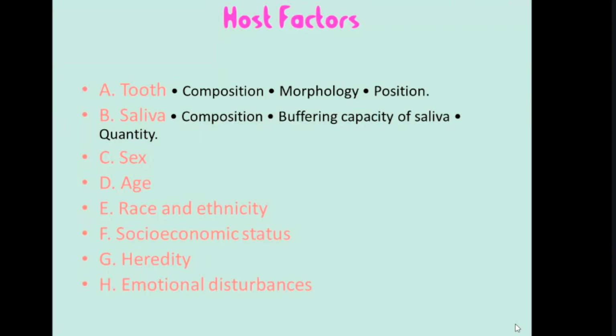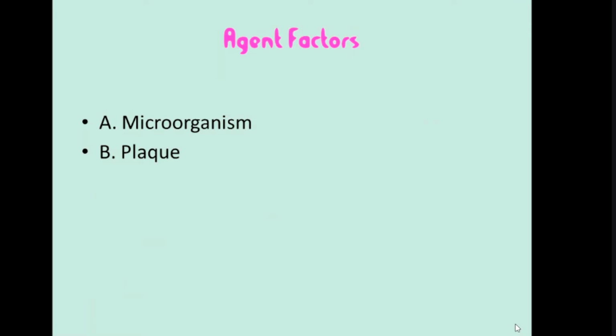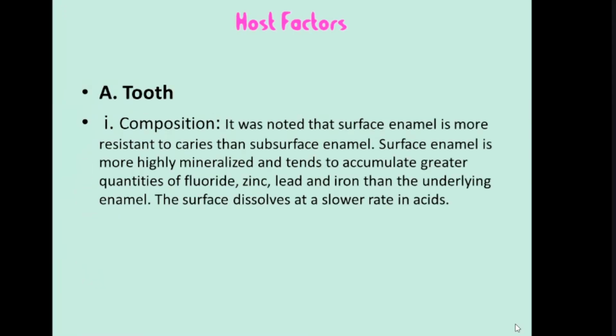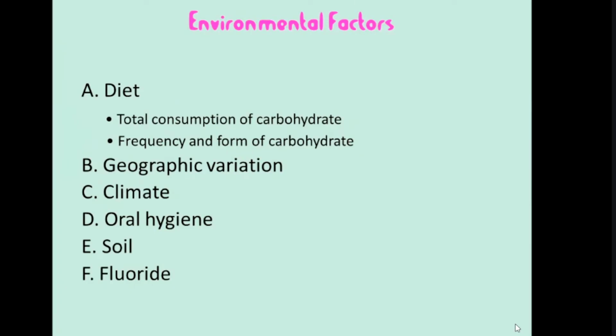Because emotional disturbance causes a disturbance in hormones and in the immune system, and it will affect caries also. So sometimes it is an agent factor. Agent factor means the bacteria and plaque, not only the host factor, which is the person himself. Sometimes it is environmental factors also, like diet, geographic variation, climate, oral hygiene, soil, fluoride. In my opinion, the most important are diet and fluoride.